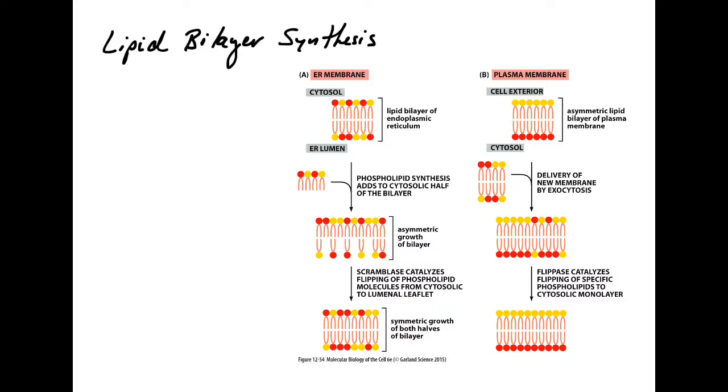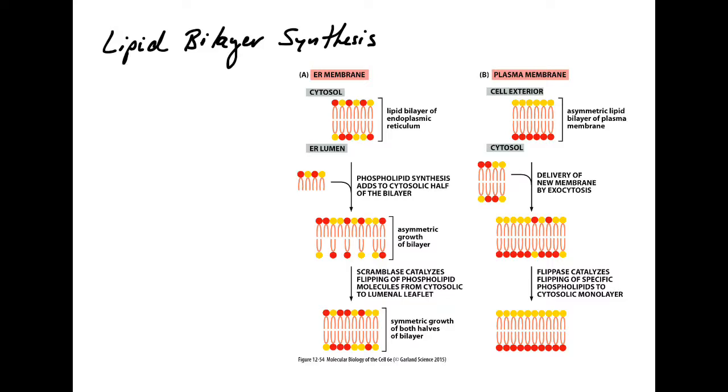So the way it happens is that newly synthesized lipid is added actually to only one of the two leaflets, and specifically it's added on the cytosolic side, so it's added to what will eventually be the cytofacial face of the plasma membrane, and that leaves you with more lipid on the cytofacial than on the luminal side temporarily, and it requires enzymatic activity to move something like this phospholipid across to the other leaflet.